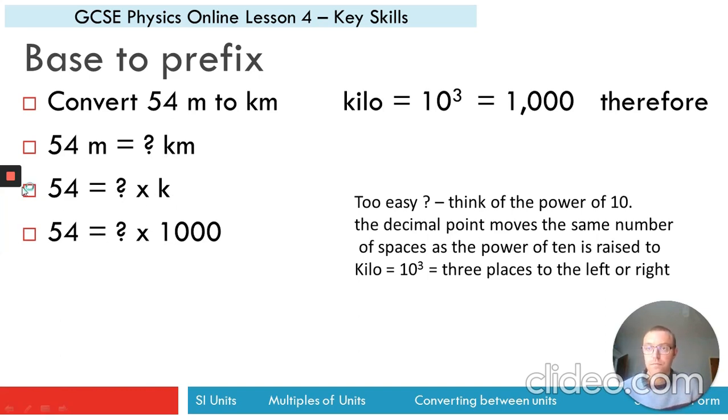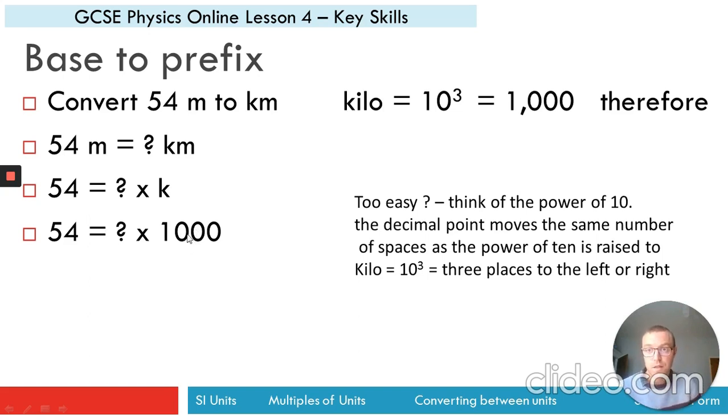54 is equal to the number we want to know times 1,000. If we go to algebra like in maths, if the number we want to know multiplied by 1,000 is equal to 54, then we can find out the number we want to know by dividing both sides of this equation by 1,000.